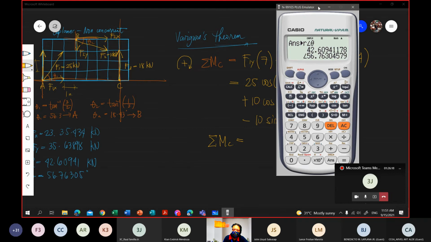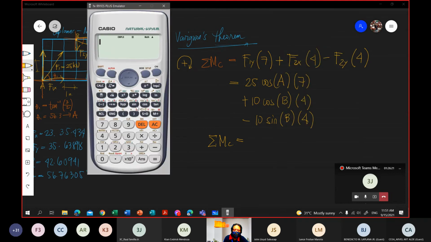I will use the calculator, in computer mode. 25 cosine, which I stored in A, times 7 plus 10 cosine B times 4 minus 10 sine B times 4.